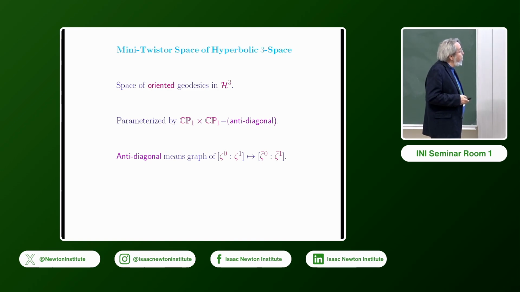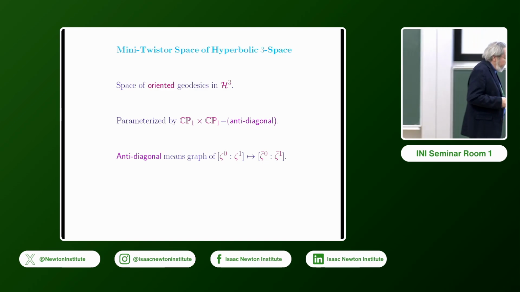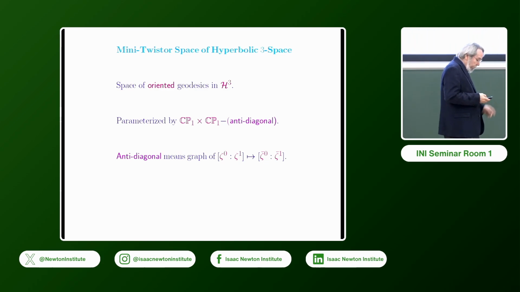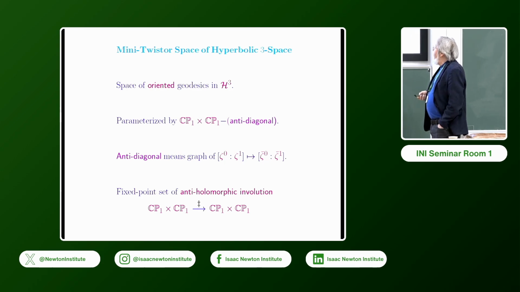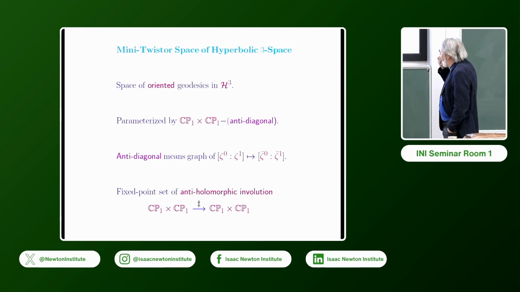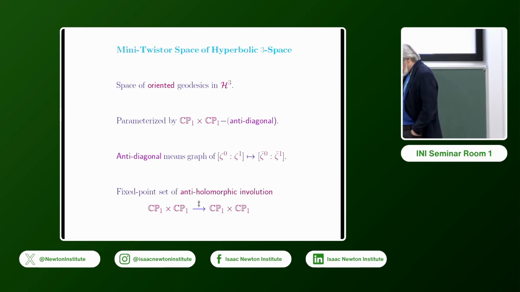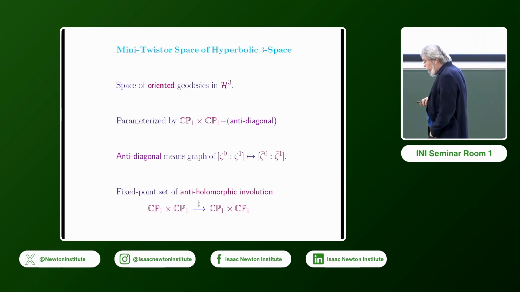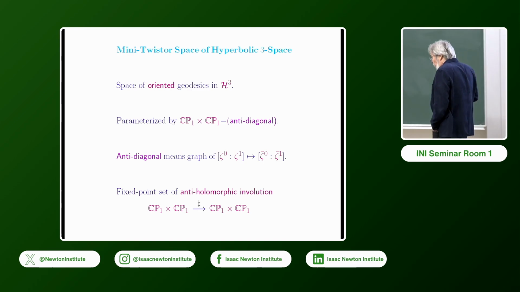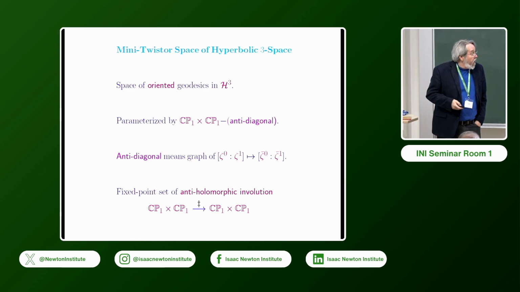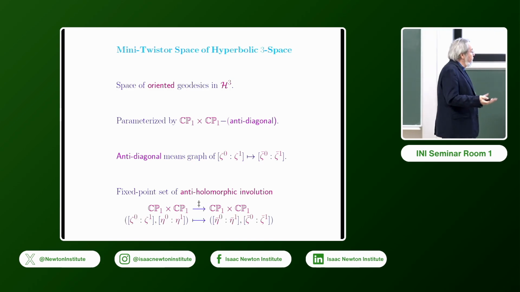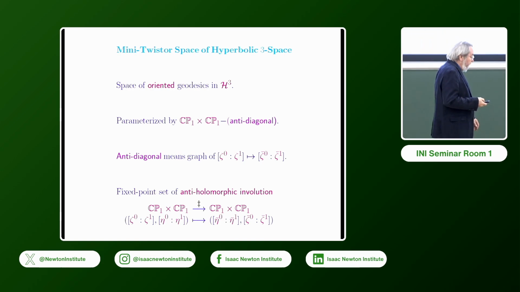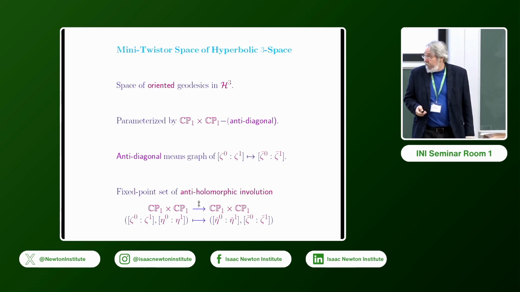This is an anti-holomorphic map on CP1, and conjugation of the coordinates is the simplest choice. The anti-diagonal is the graph of that orientation-reversing map, and it's exactly the fixed point set of an anti-holomorphic involution, which interchanges the two variables and complex conjugates them.